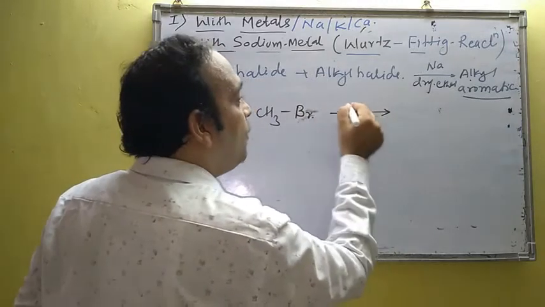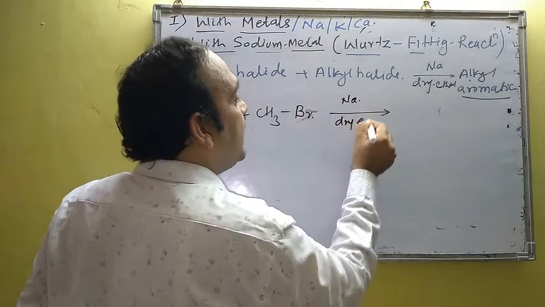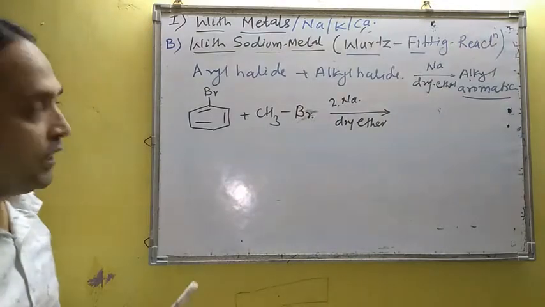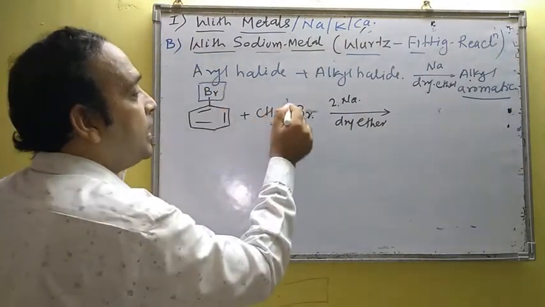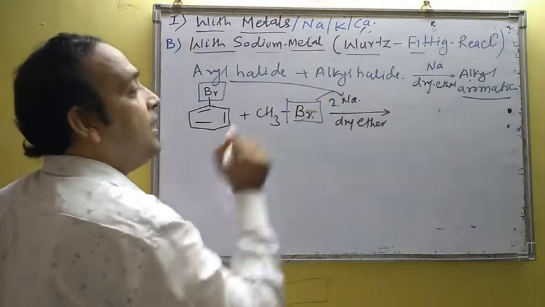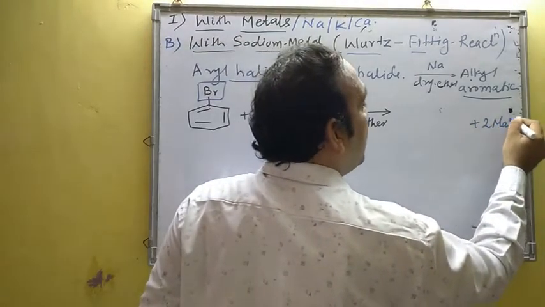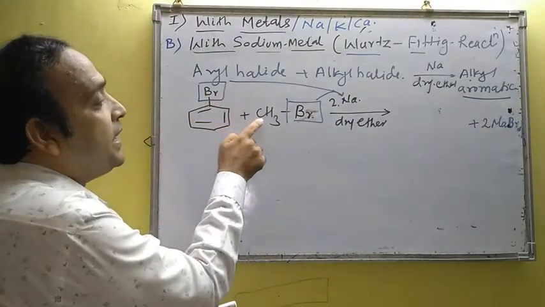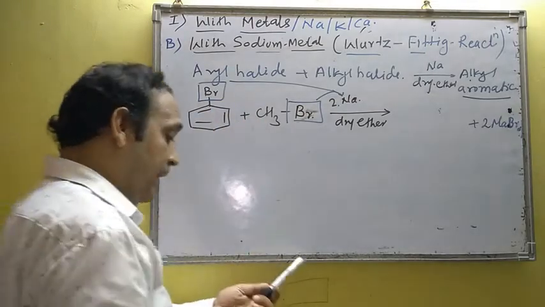In presence of dry ether as solvent. Now in this reaction, now see this Br and sodium metal, this part will eliminate as twice of NaBr. क्या eliminate हो जाएगा यहाँ पर twice of NaBr, and now this Br it is replaced by CH3. मतलब aromatic compound किससे bond बनाएगा alkyl group से.